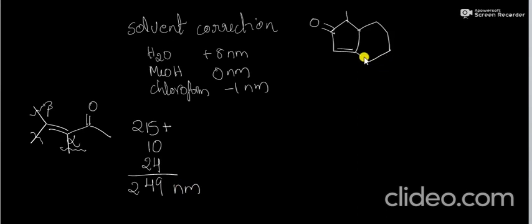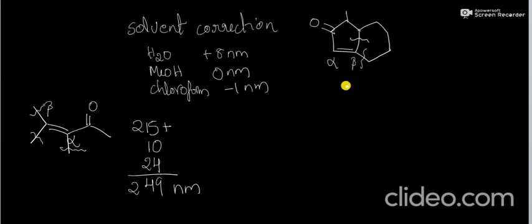This is another example. This is alpha beta unsaturated carbonyl compound, and there is no alkyl substituent or ring residue at alpha position, and there are 2 ring residues at beta position. This is our beta position, this is alpha position. And this is 5-membered ketone.